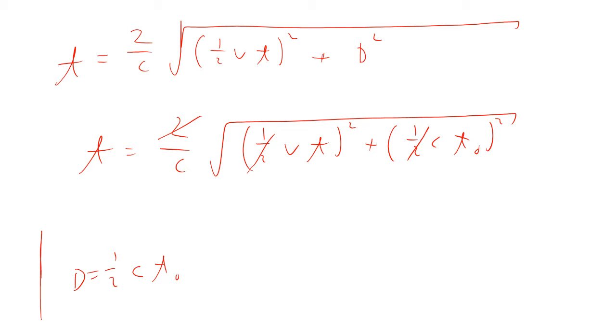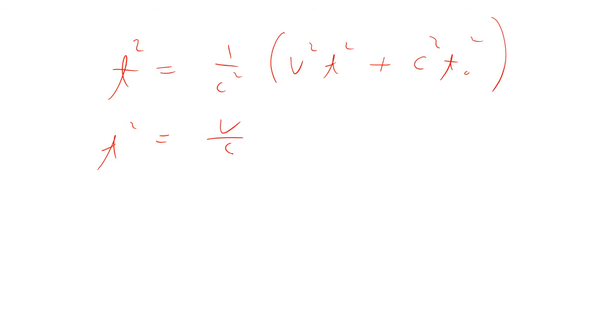The 1/2 squared factors out, take the square root, and I can divide out a C. Actually, what I'm going to do is square both sides.